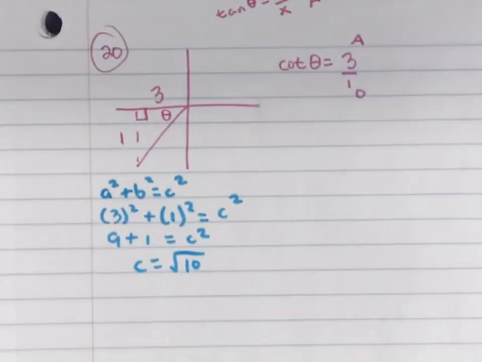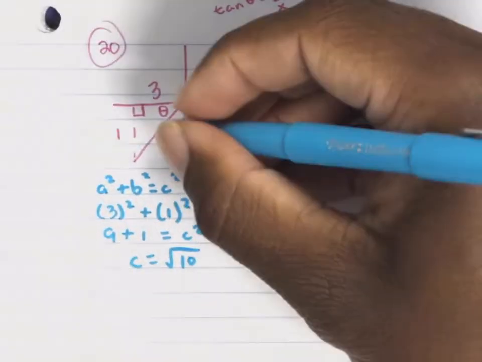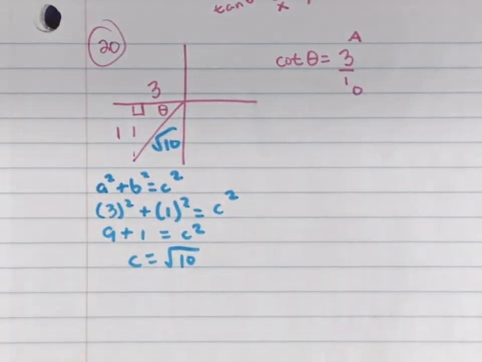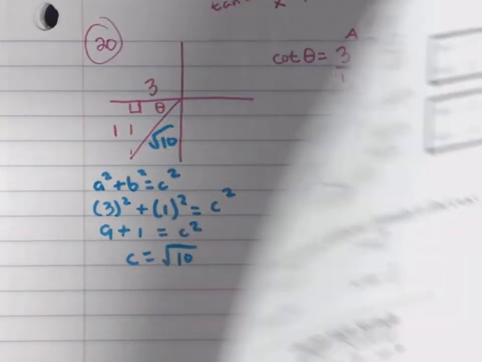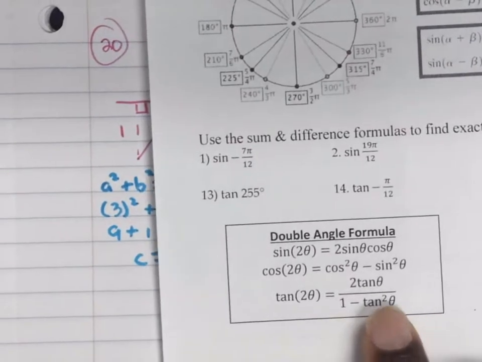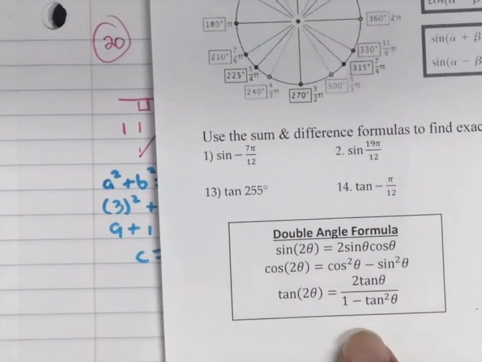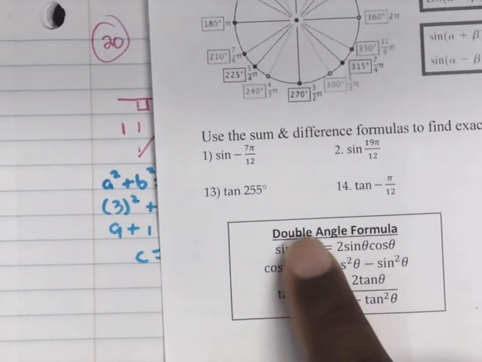And I can't reduce that or simplify that at all, so I would just leave that as the square root of 10. So in order to do these double angle formulas, I need to know all three of the ratios for each one of these trig functions to be able to do each formula.